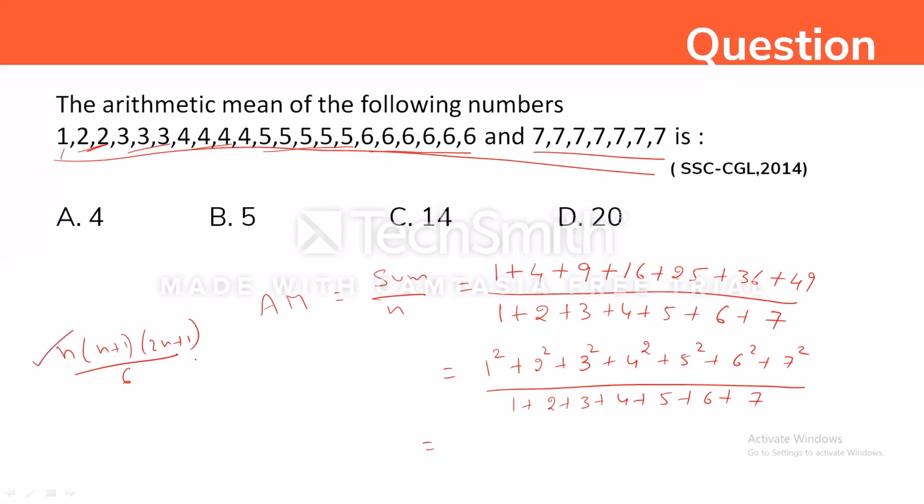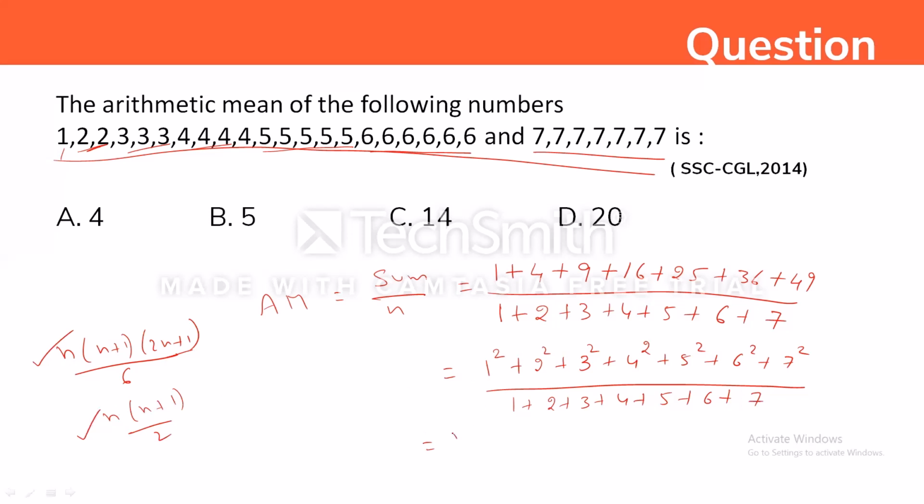For finding the sum of squares of the first n natural numbers, it is n into n plus 1 into 2n plus 1 by 6. And I hope you are all familiar with the formula for the sum of the first n natural numbers, n into n plus 1 by 2. These two formulas I'm going to use to get the answer in the easiest way.